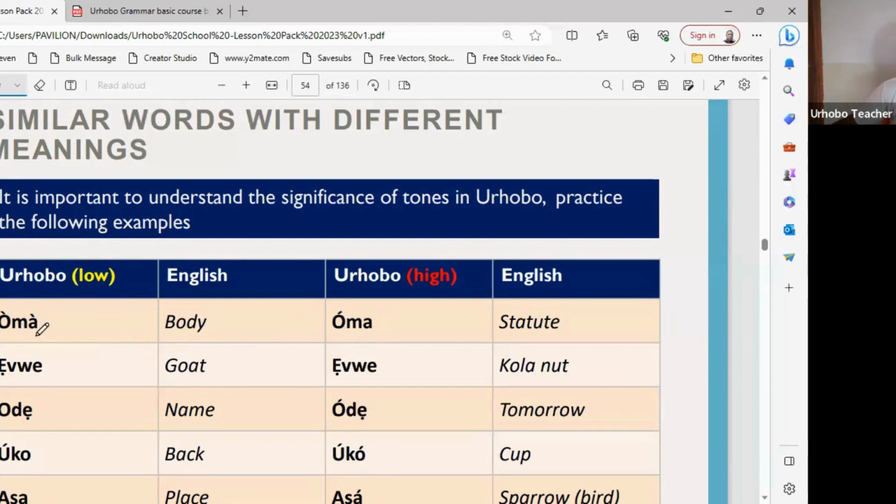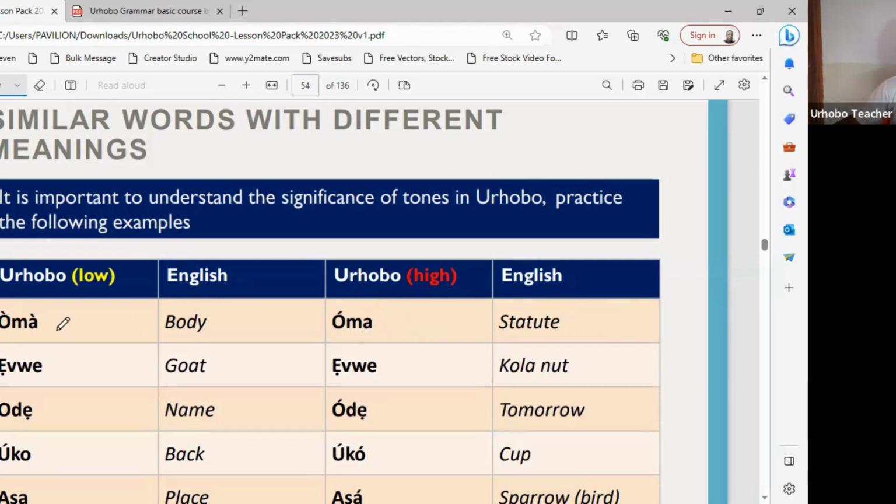Because this is a falling O, it now becomes body, Oma. Now you see this, it's a rising O. This is Oma, and this is rising.